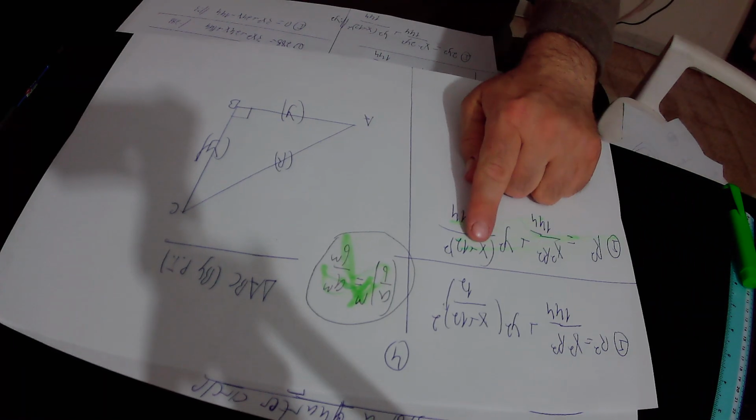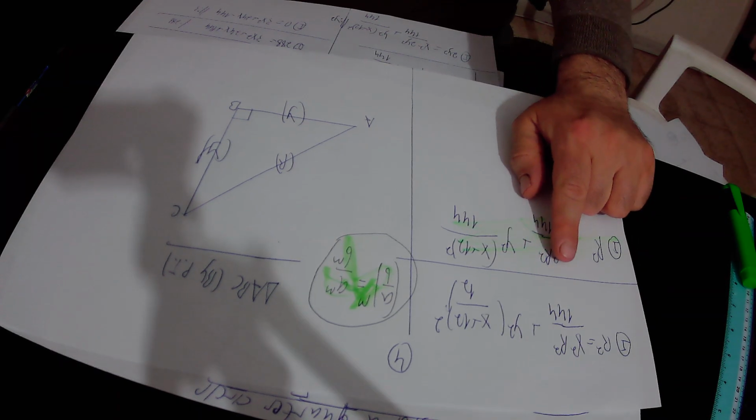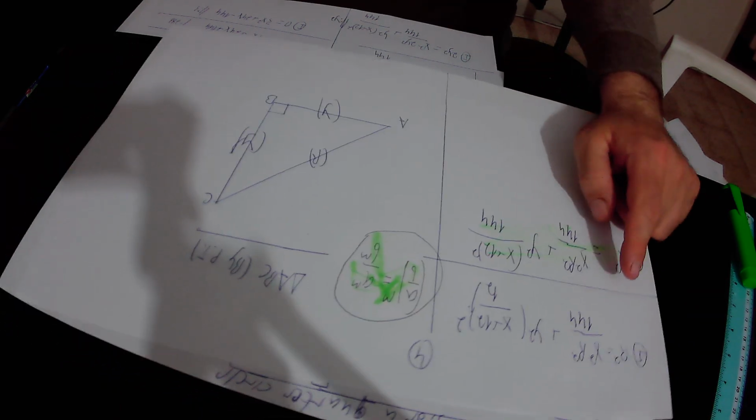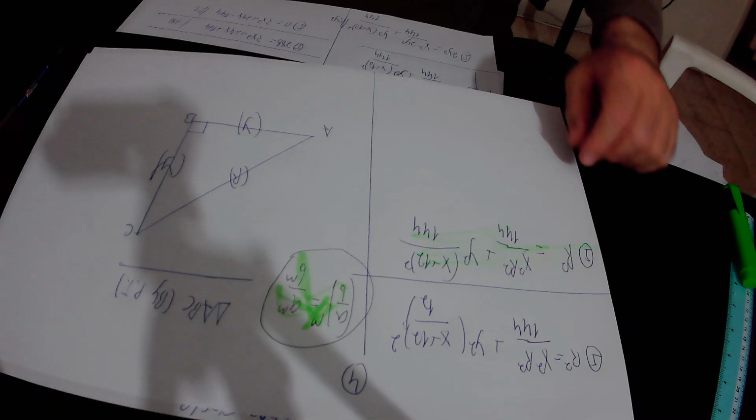So it is (x plus 12 over 12) squared times y squared plus x squared times r squared over 144. This is equal to r squared, according to equation 1.